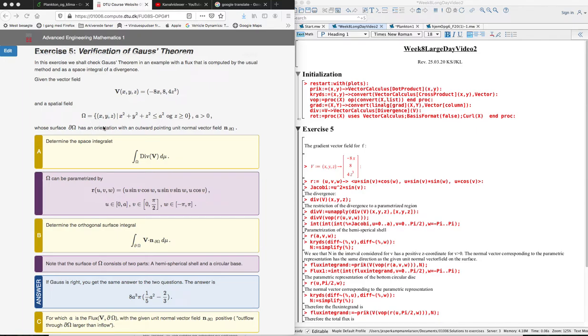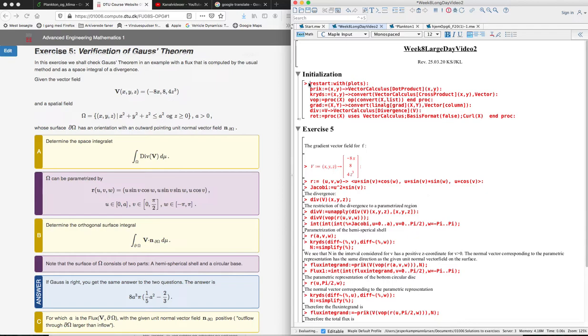In order to do so, we use the Gaussian theorem that says that this flux is equal to the volume integral, or the spatial integral, of the divergence. First of all, we initialize, and then we enter the vector field.